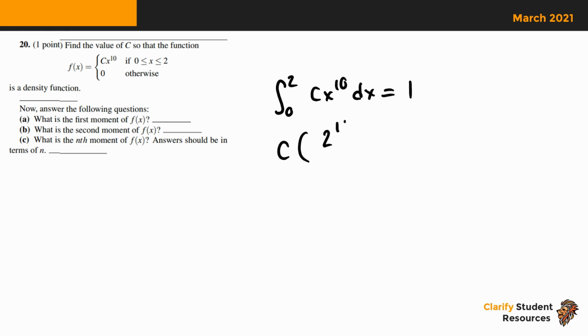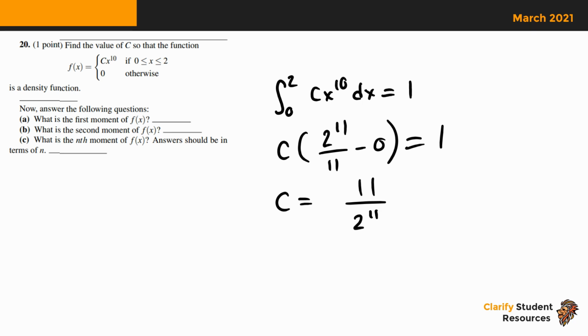So it's c times 2 to the power of 11 over 11, and then subtract off 0, and this is equal to 1. So c is going to be equal to 11 over 2 to the power of 11.